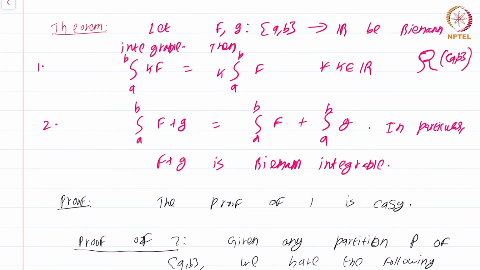This is a collection of functions which can be made into a vector space over the real numbers. And you have a linear transformation, that is the integral acting on R[a,b]. It's actually a linear functional.